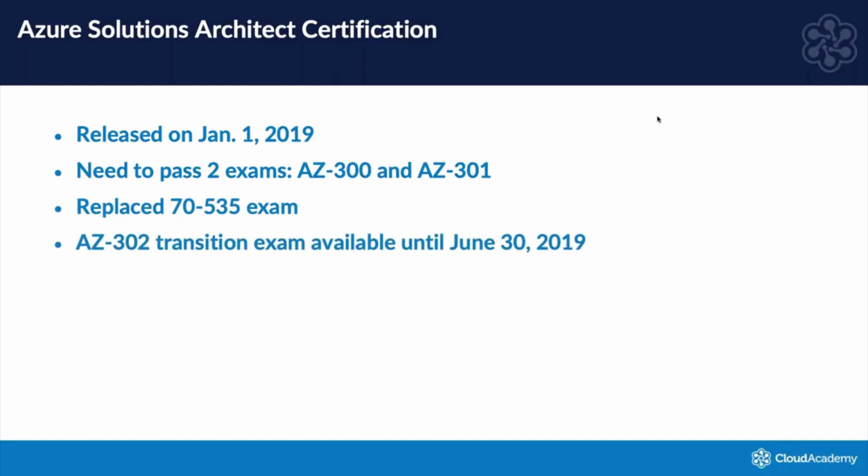And if you did pass that exam, then there's a transition exam called AZ-302, where you could just take that exam and not have to take the AZ-300 or 301 exams at all. But that transition exam is only available until June 30th, so not for very much longer. If you passed the earlier 70-534 exam, which 535 replaced, then you still have to take the AZ-300 and 301 exams. So that's a lot of numbers. I'll just move on from there.